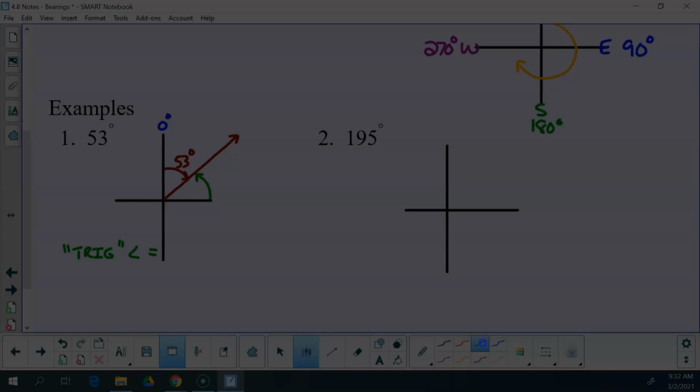That would be our trigonometric angle, or our math angle, if you will, and that would be 37 degrees. We would also have a reference angle, because we have that in our toolbox too, which would also be 37 degrees. Okay?